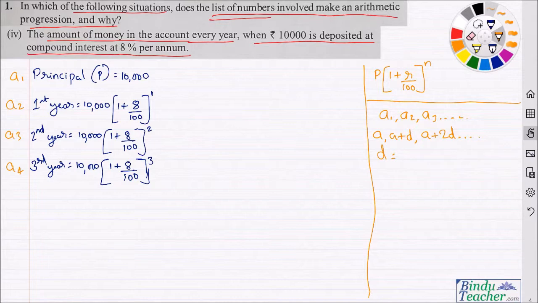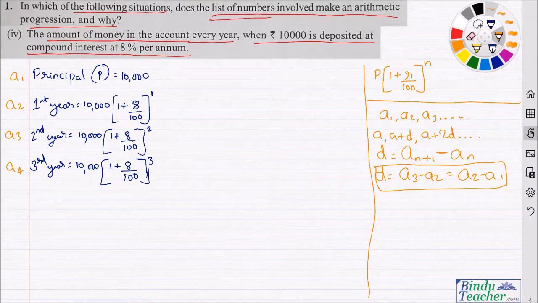Now D can be calculated as A of n plus 1 minus A of n. For example, D can be calculated as A3 minus A2, or it can also be calculated as A2 minus A1. So in an arithmetic progression, the common difference between different terms must be the same. Okay, now let's apply this to our list of numbers.